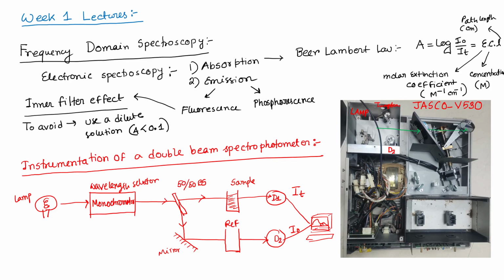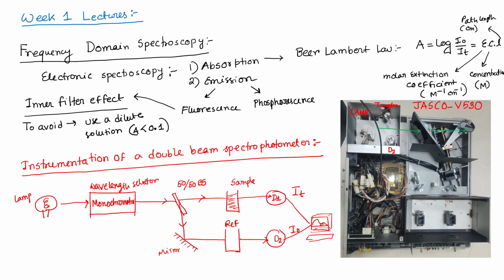We'll discuss that in maybe 10 to 15 minutes. But believe me, the monochromator is an instrument which is a wavelength selector. Depending on the incident wavelength and the diffraction wavelength, the wavelength can be varied.